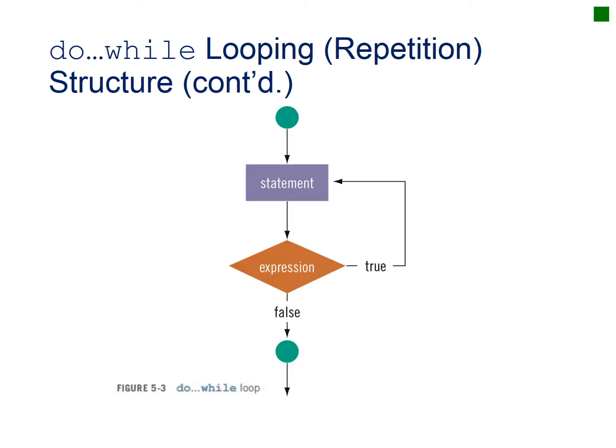The following figure illustrates a do-while loop. We can see we have an incoming statement which leads to an expression. As long as the expression is true, the statement will continue to execute. Once the expression becomes false, the loop will end.